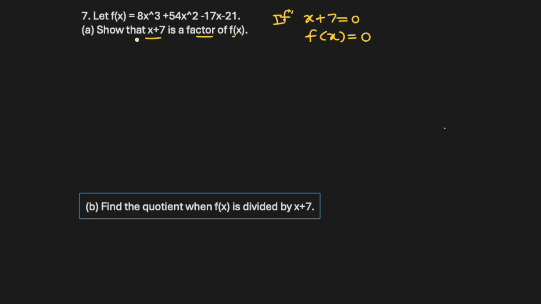Okay, so what I'll do, this gives me x equal to minus 7. So if I substitute x equal to minus 7 according to the remainder theorem into this function, I should get a 0.